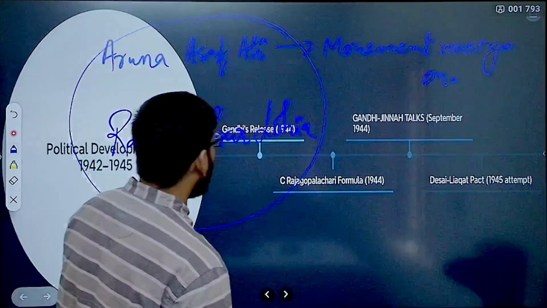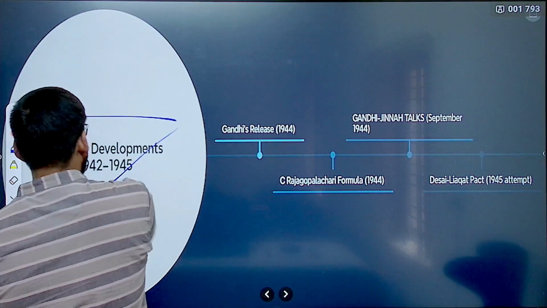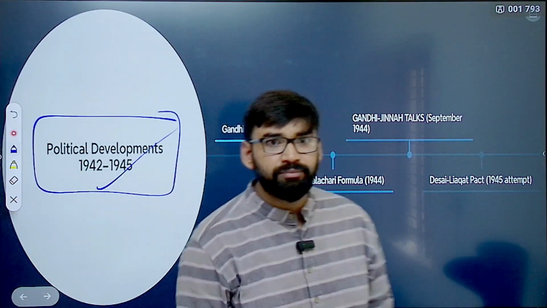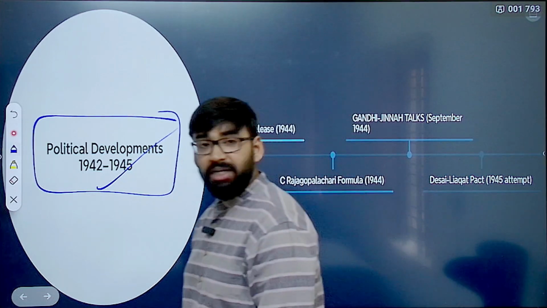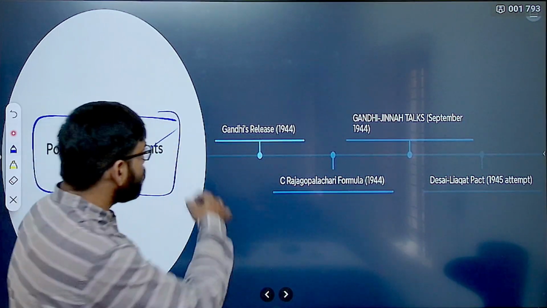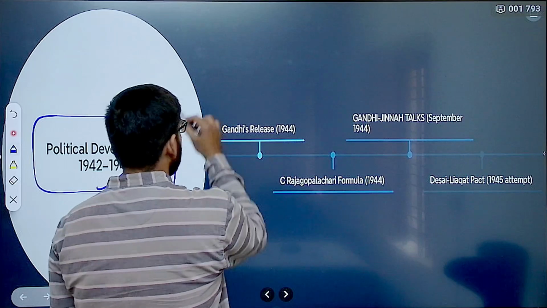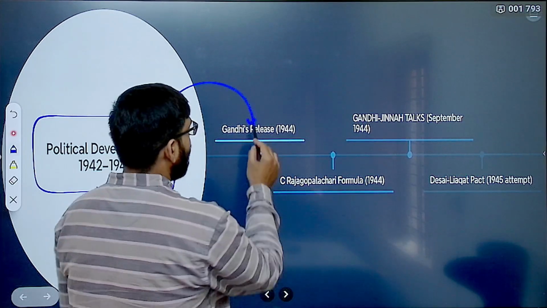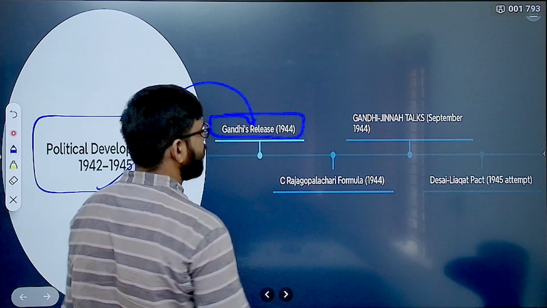Then what are the political developments from 1942 to 45? Now all the leaders were arrested. So what happened in between? Gandhiji was released in 1944.